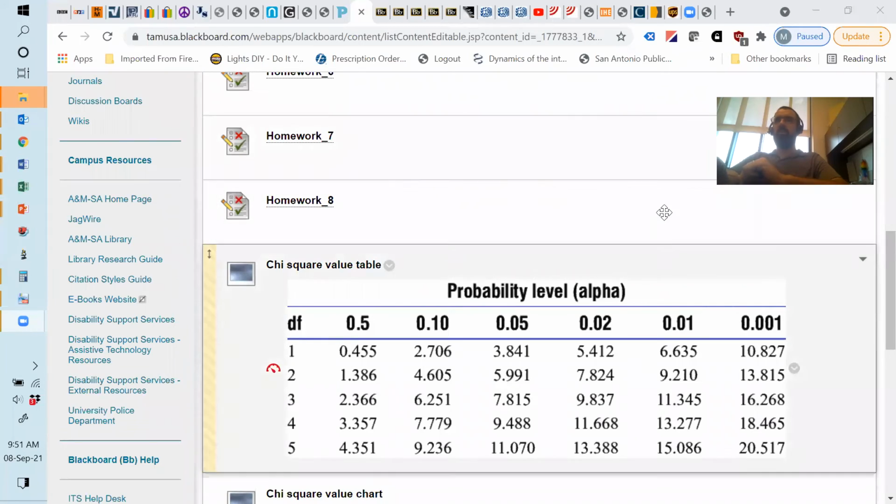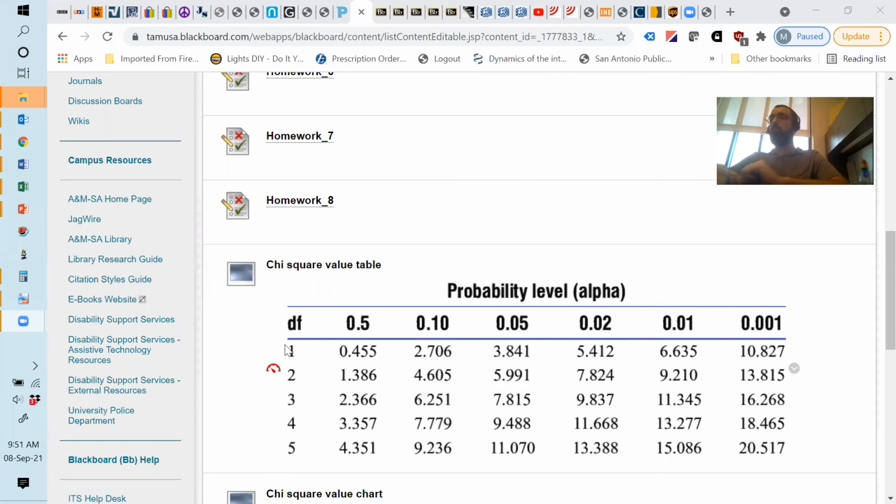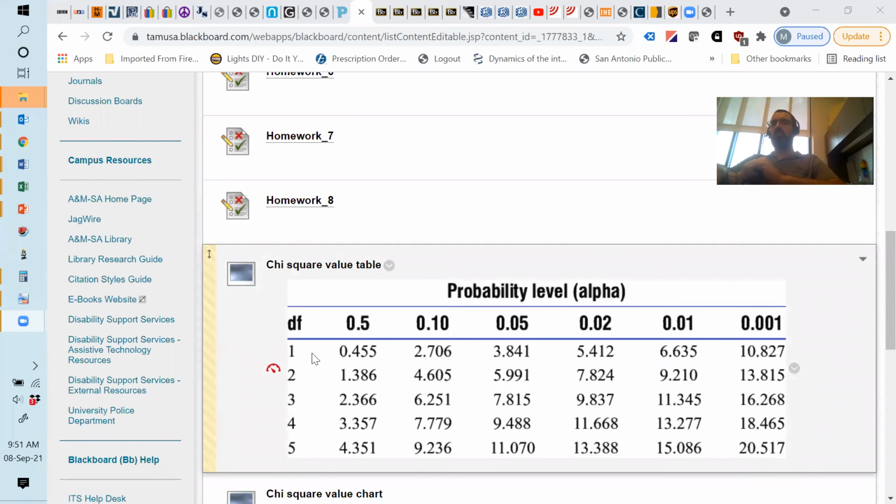So now we go to, actually, let's get this up first. Okay, so let me bring up the chat again because that has all the stuff in it. Same row, degrees of freedom of 1. Now we look on here and ask, is our chi-square value 20.89 larger or smaller than this value?